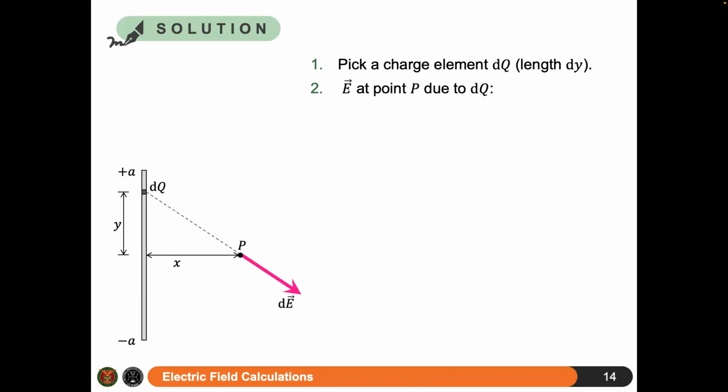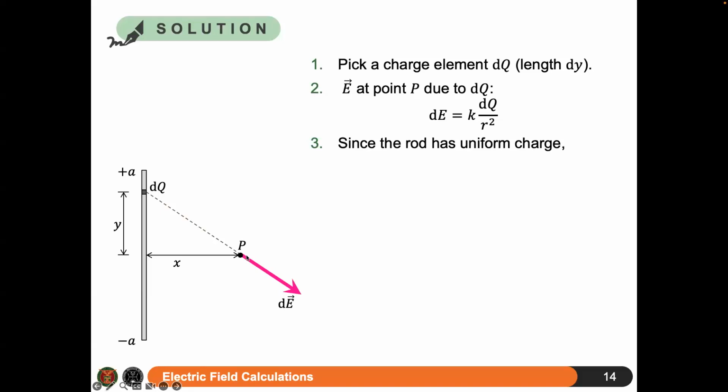So, pababa siya or southeast. Okay. So, this dE, this infinitesimal electric field, will have magnitude k dq over r squared, where r is yung distance from dq dun sa source, dun sa point P.